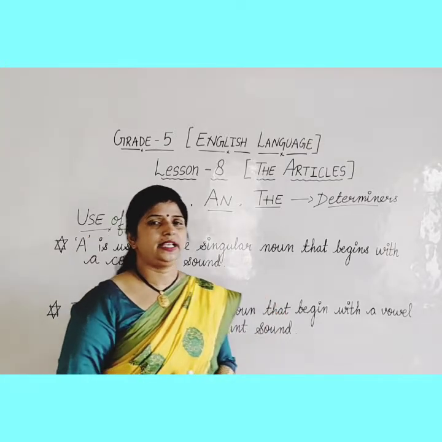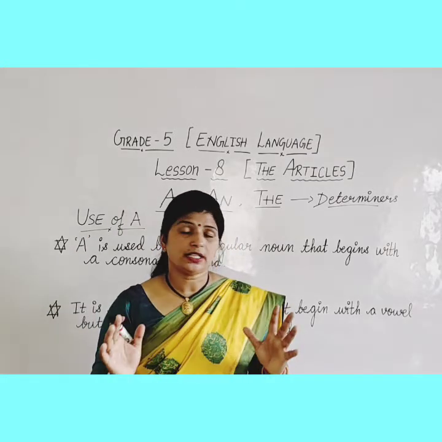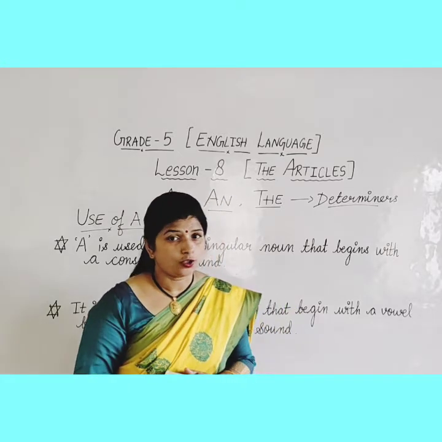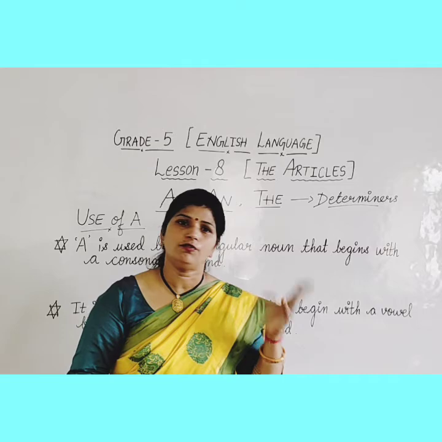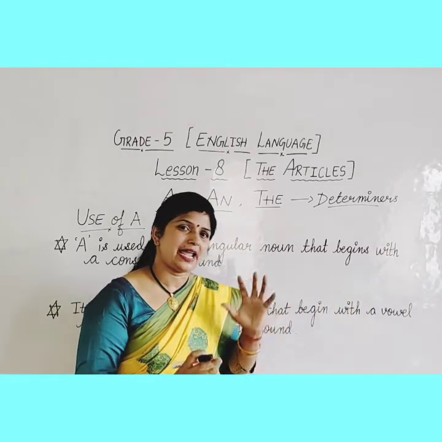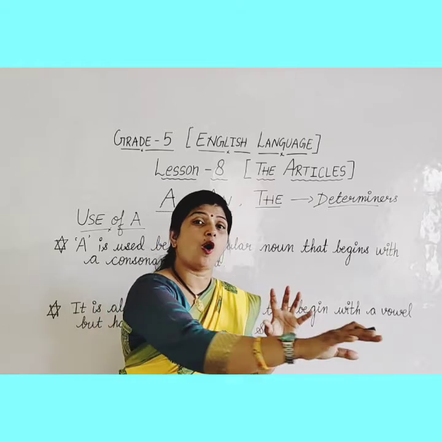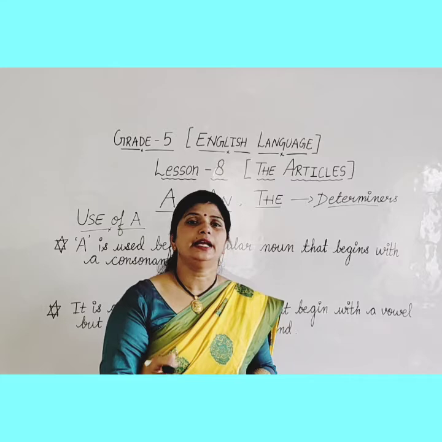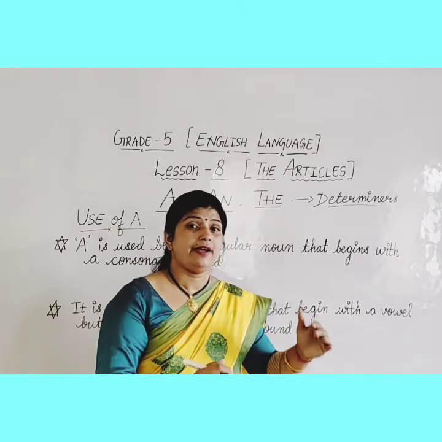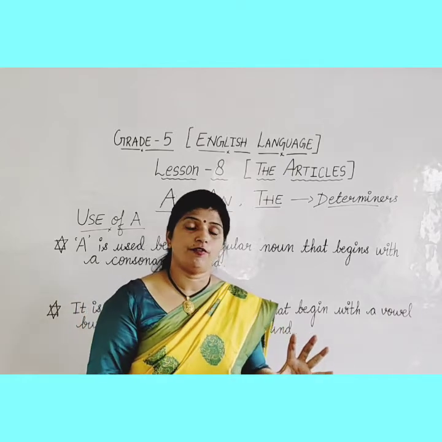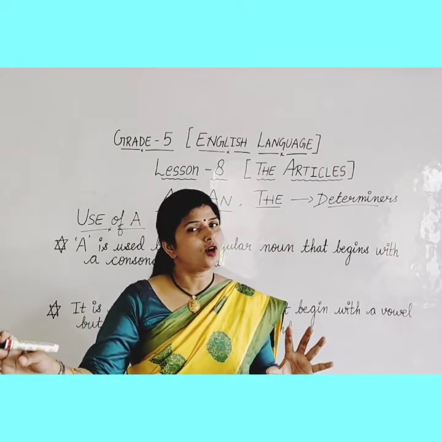Suppose I say that in total there are 26 letters in our English alphabet, and out of 26, 5 are your vowels, that is A, E, I, O, U, and except A, E, I, O, U, the rest are all your consonants. Suppose B, C, D, F, G, H, except these 5 vowels, the rest are all consonants.